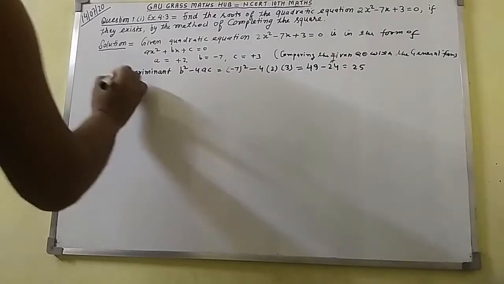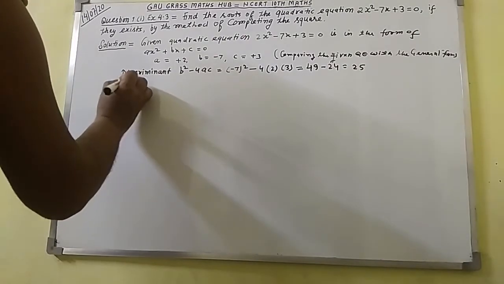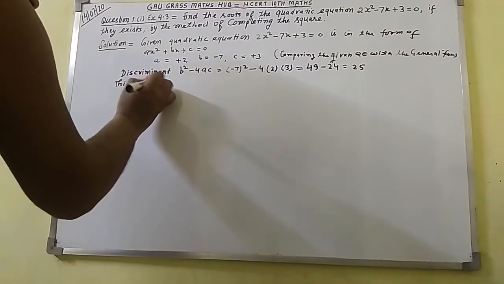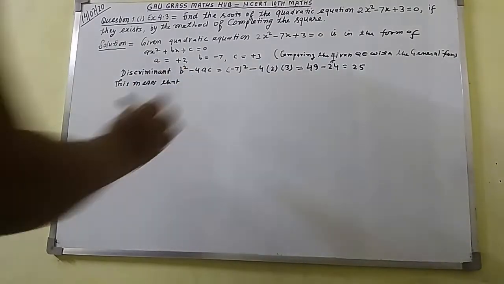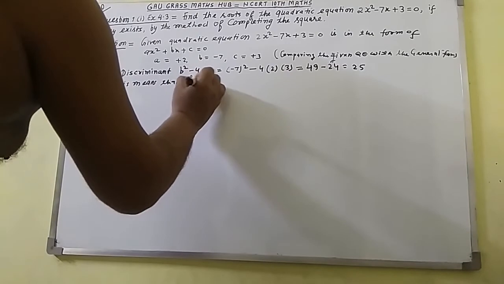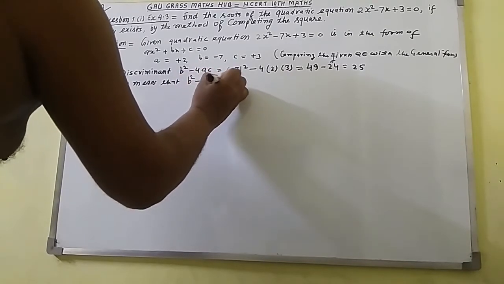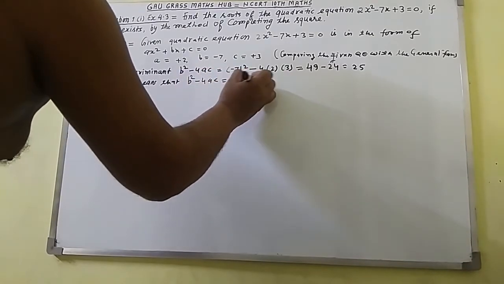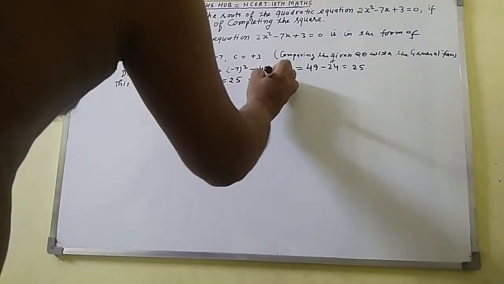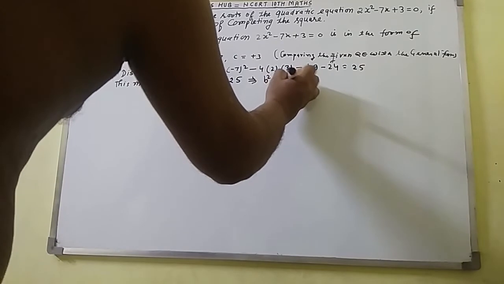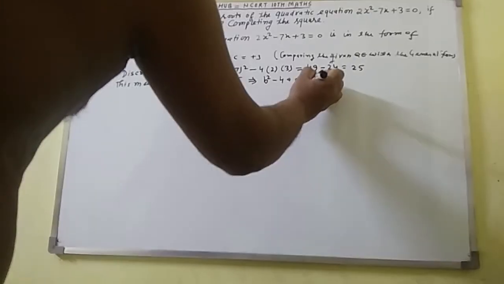This means that b square minus 4ac equal to 25 implies that b square minus 4ac greater than 0.